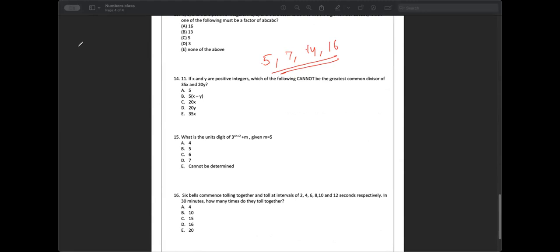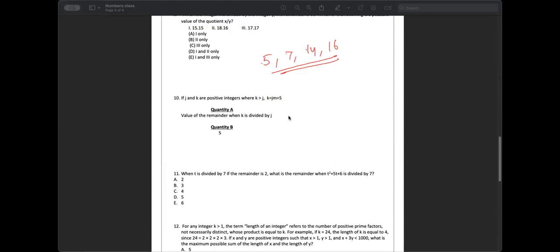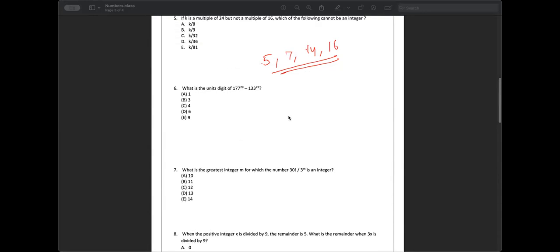Try these questions. Okay. 5, 7, 14, 16. Yeah, give them a try.